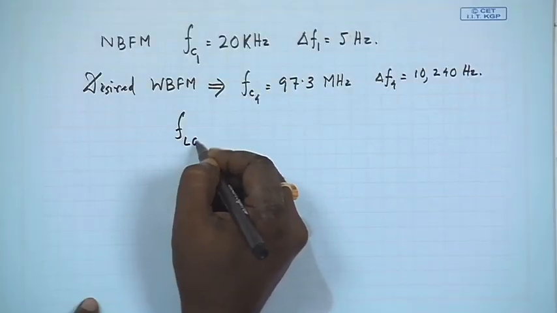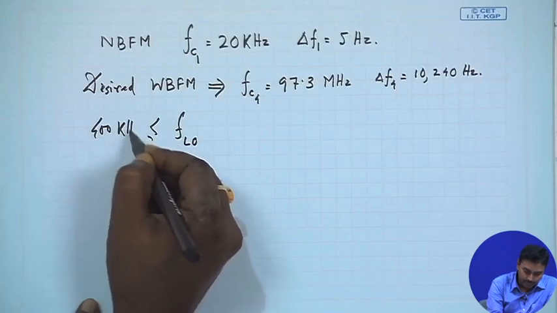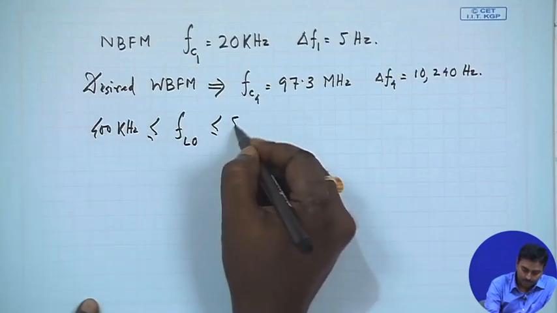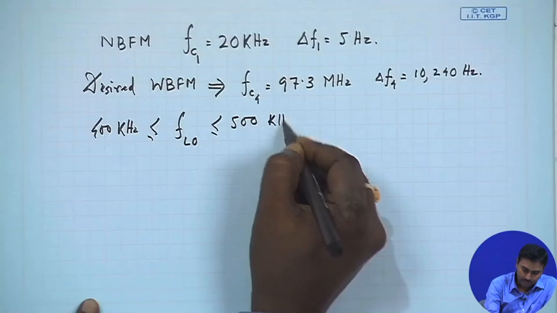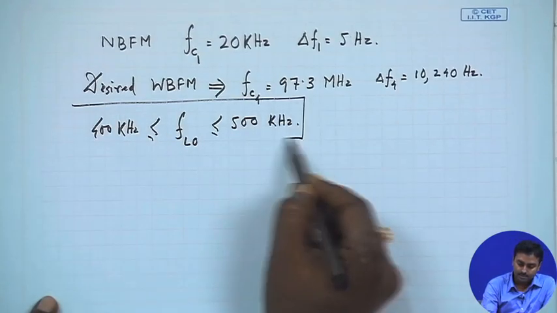So, that is one restriction coming from the circuit side, and there is another restriction: your local oscillator FLO must be within this 400 kilohertz, 500 kilohertz. That is another restriction.